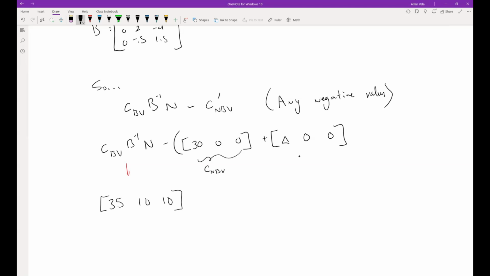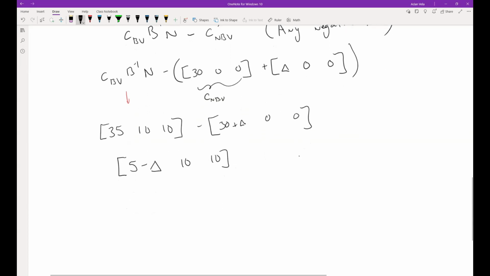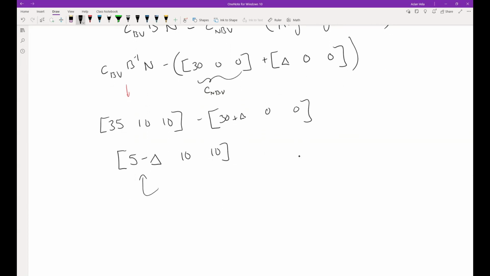And now we're going to subtract off 30 plus delta, 0, 0. We want to see when that subtraction generates a negative number. Putting this all together, we get 5 minus delta, 10, 10. The question is, for what values of delta does this vector remain positive or become negative?